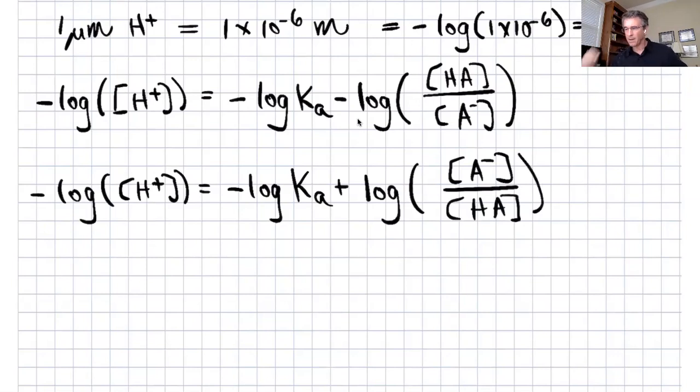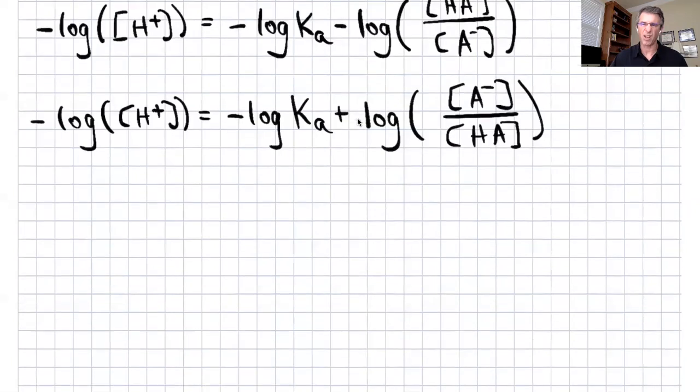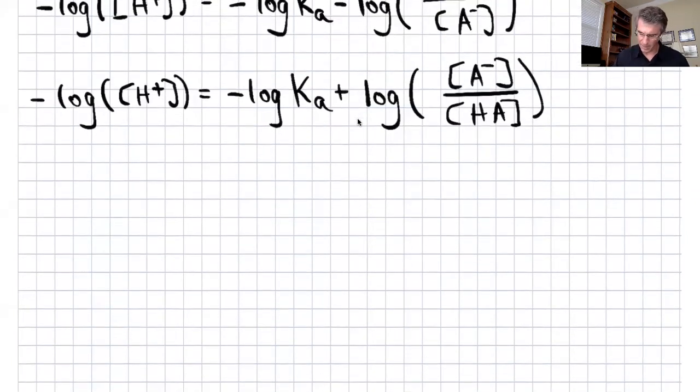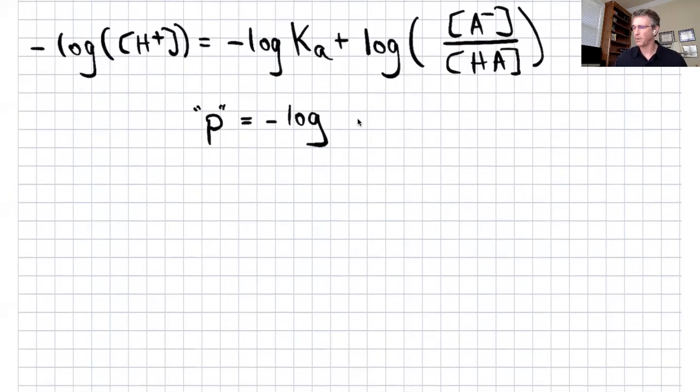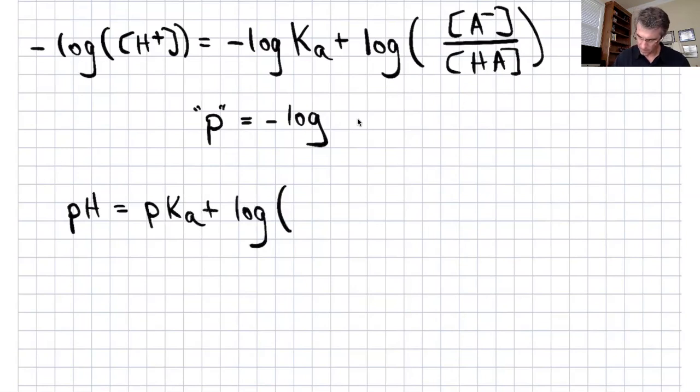And now I'll do one more little definitional shift. I'm going to make this look a little bit simpler by saying, well, what if the minus log thing, that's a lot of symbols. What if we just say P, the symbol P, we're going to replace minus log with the symbol P. If you do that, that equation now turns into something quite simple, which looks like this. pH equals pKa plus log concentration of A minus over the concentration of HA.